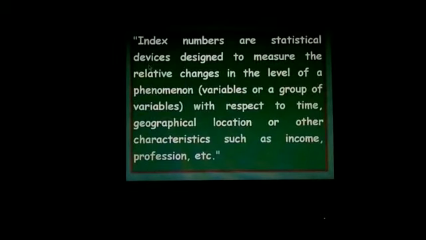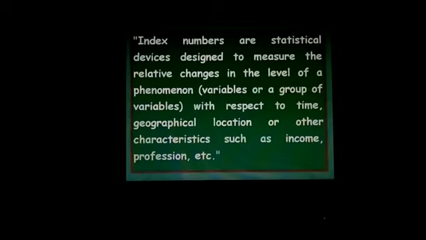Index numbers are statistical devices designed to measure the relative changes in the level of a phenomenon. That phenomenon may be a variable or a group of variables with respect to time, geographical location, or other characteristics such as income, profession, etc. In the first definition we studied, over a period of time, what changes have taken place we can understand with the help of index numbers.